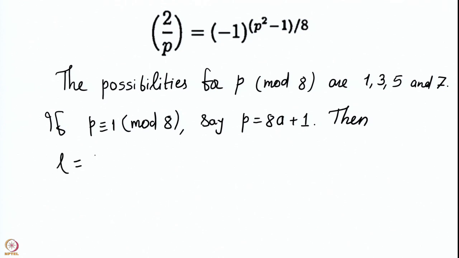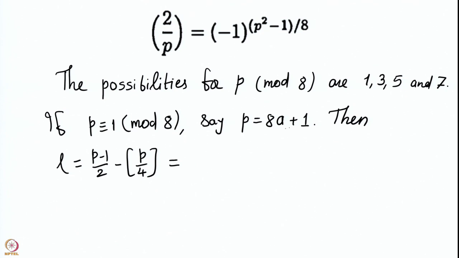Then L, which is (p minus 1) by 2 plus the integral part of p by 4, since we are taking power of minus 1, plus or minus actually does not make any difference, but let us be precise.